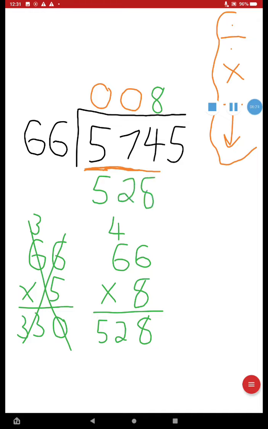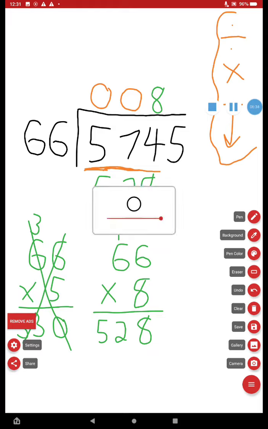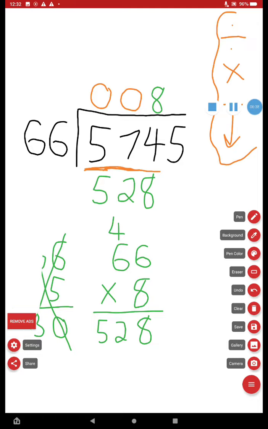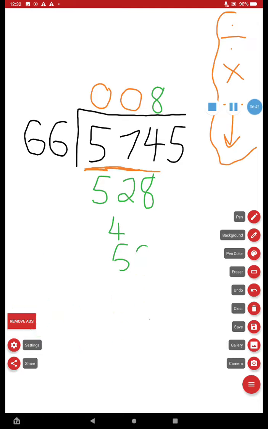And when you're working with this, that's why I give you all the lined paper in your folder so you can work out all this math. But since I don't have enough room on my whiteboard, I'm going to erase this. All right, ready? Now we subtract. 4 subtract 8, can't do that.